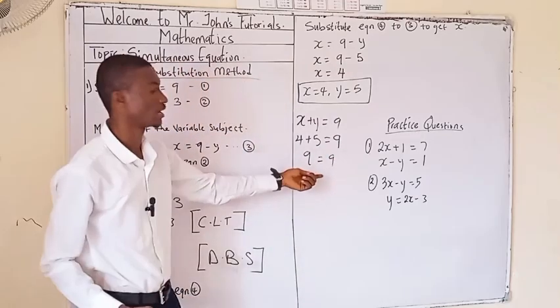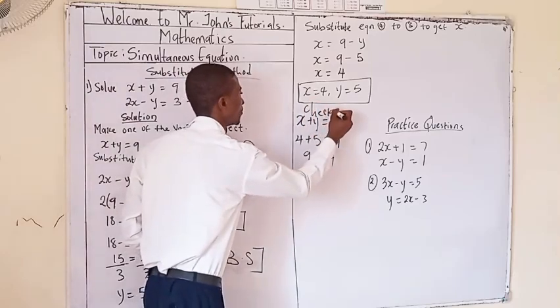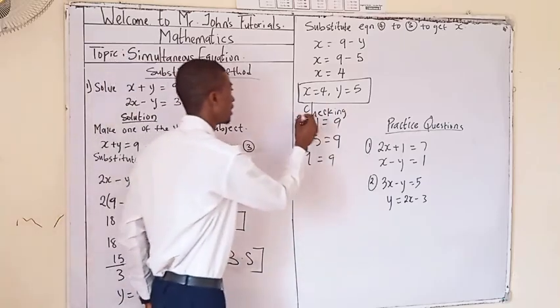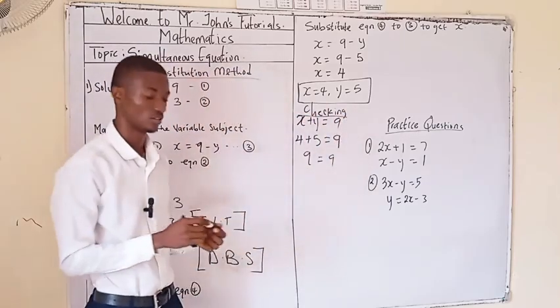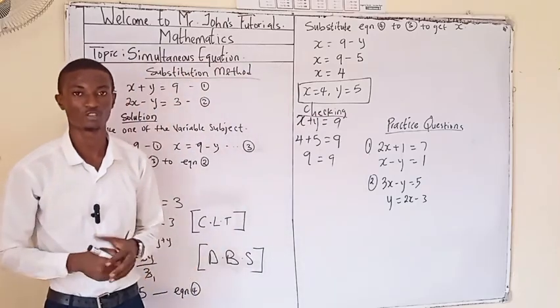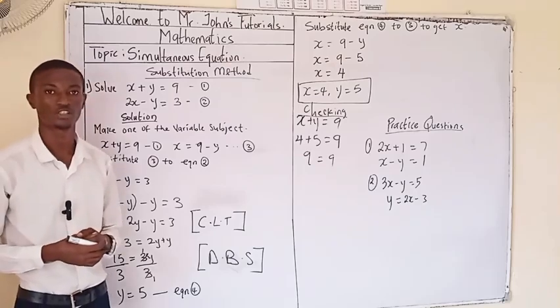By the time you check and you discover that your answer is not like this, you should know that there is a problem here. So I believe with this brief lesson, you've been able to solve this simultaneous equation problem.